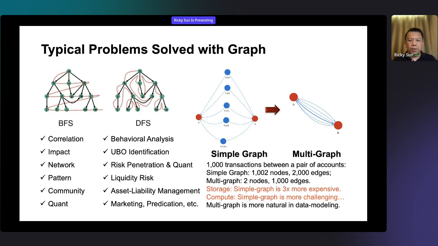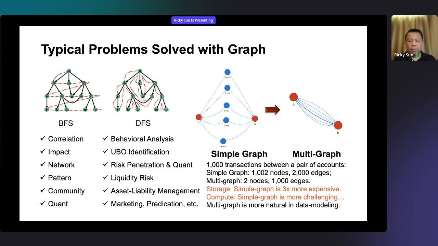A lot of problems can be solved with graph, like behavior analysis, UBO (ultimate beneficial ownership) identification, risk penetration quantification, and even liquidity risk, treasury management, and asset liability management problems can be better solved using graph technologies. Way more efficient than, for instance, traditional relational database based or data warehouse based technologies.